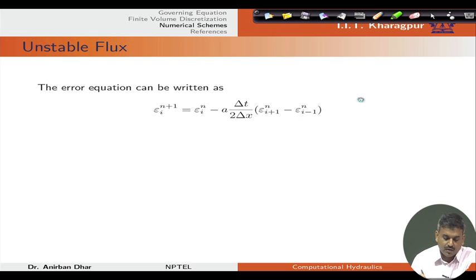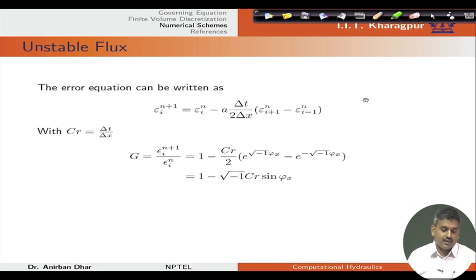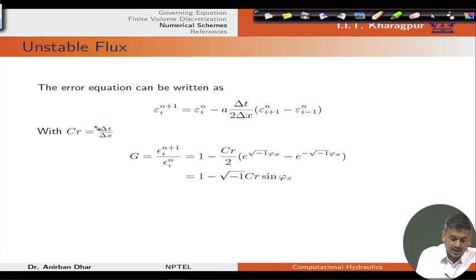Now, for this one we can define our term A delta t by delta x as CR.